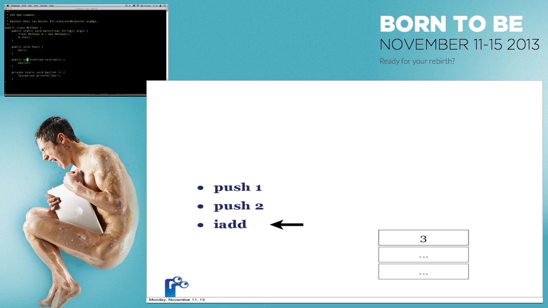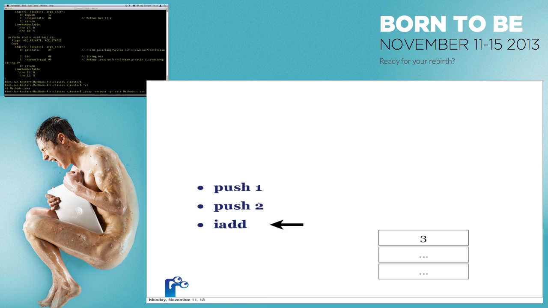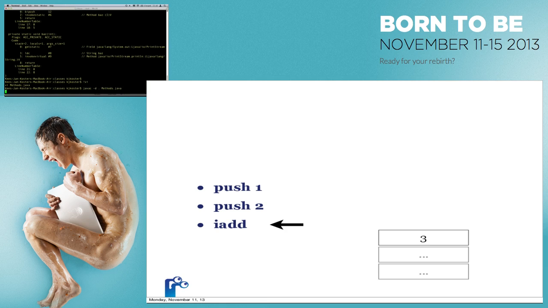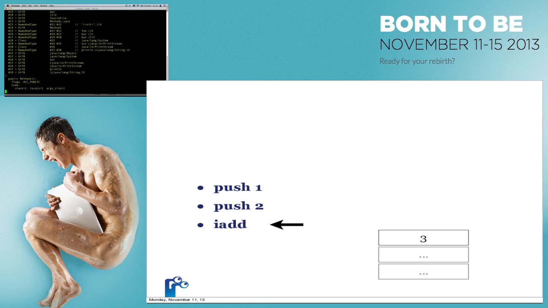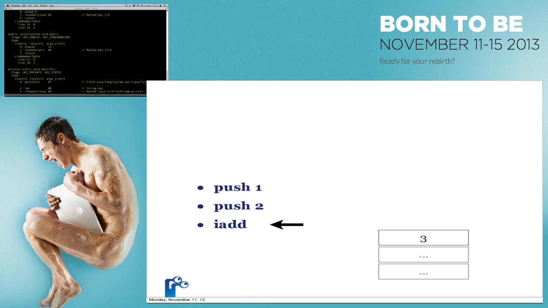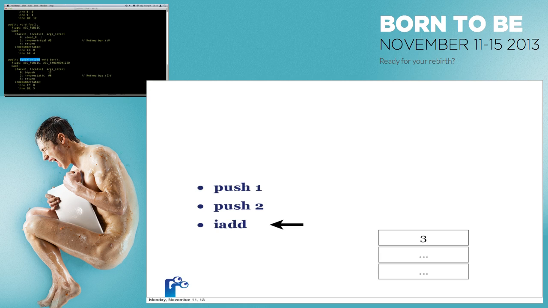Javac, bar. That's it. It has a flag, which tells the JVM that this is something we want to invoke in a synchronized way.